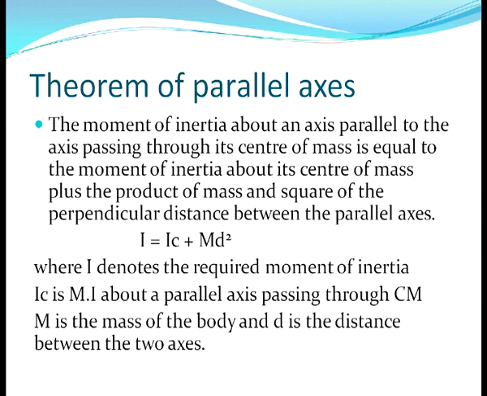That is, I = Ic + md², where I denotes the required moment of inertia, Ic is the moment of inertia about a parallel axis passing through the CM, m is the mass of the body and d is the distance between the two axes.